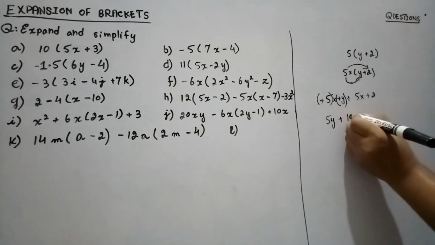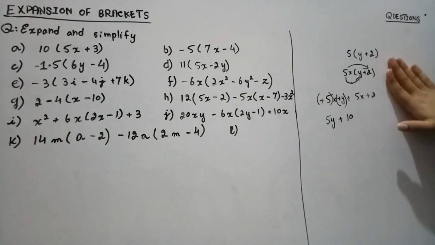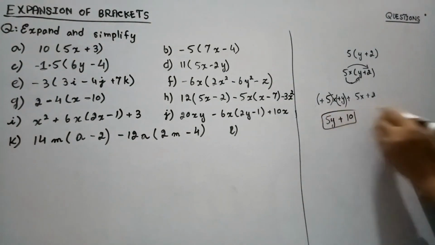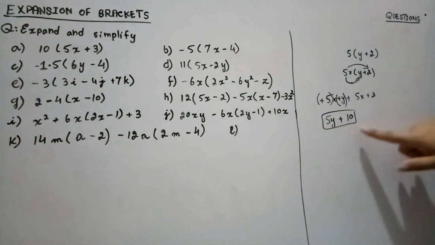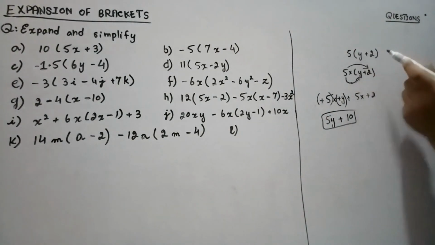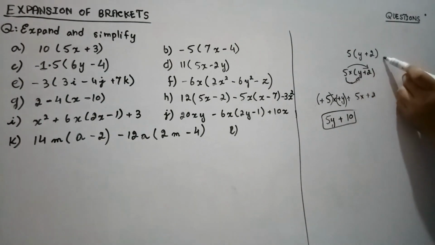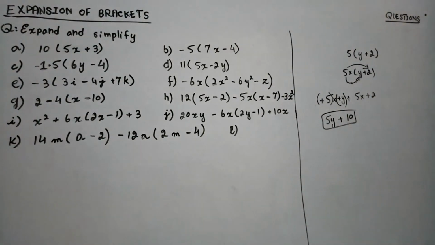So after expansion of this bracket, our expression is 5y plus 10. This is 5, this is y, so it is going to be 5y. This is 5, this is 2, so 5 2s are 10. So 5y plus 10. Clear? So this is called the expansion.